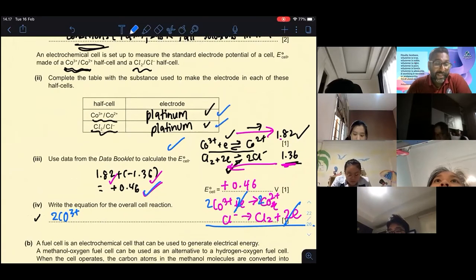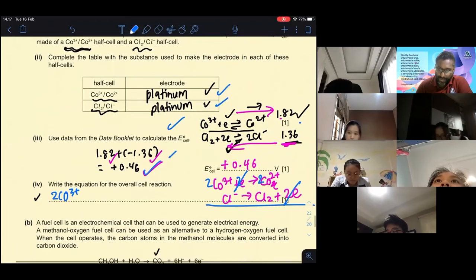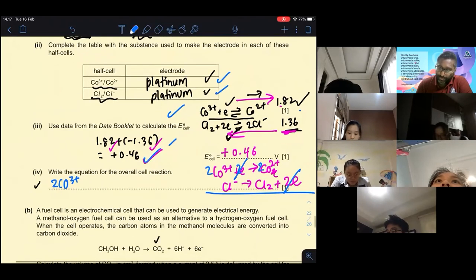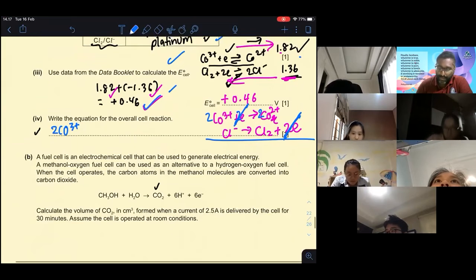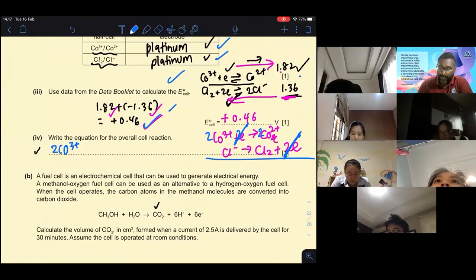When you have this, you learn how to calculate, and then we want to include all of them. So the 2 electrons and 2 electrons you cancel. I want the electrons to be gone. So I will have 2Co3+ plus Cl minus, you are going to get 2Co. Sorry, it's going to be cobalt.